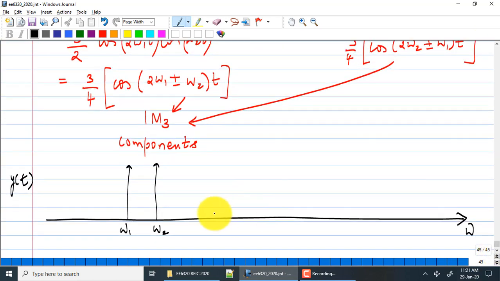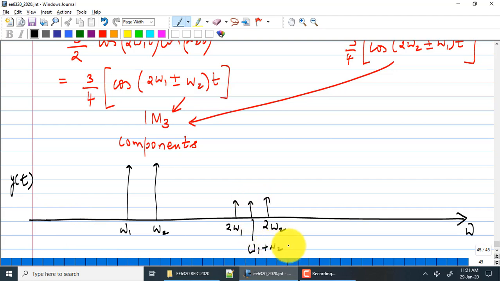So 2 omega 1 would lie somewhere here. 2 omega 2. Okay. Omega 1 plus or minus omega 2. Where will they lie? Where will omega 1 plus omega 2 lie? In between. Okay, you will get some component.